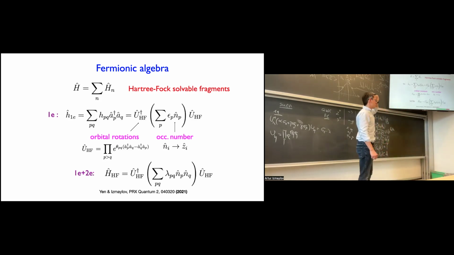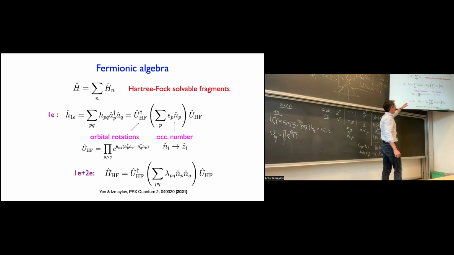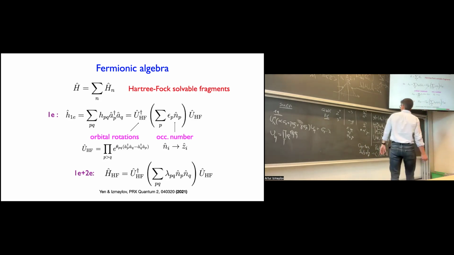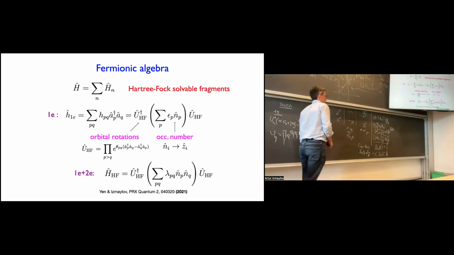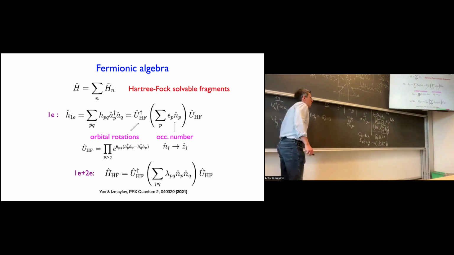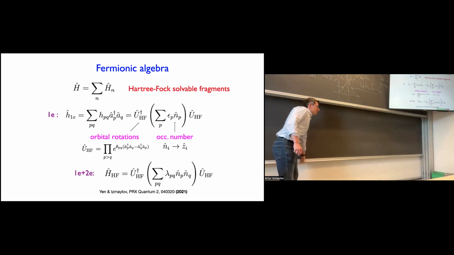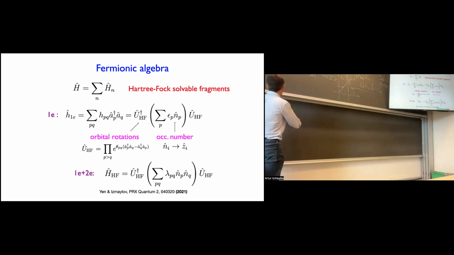The way to generalize it to the two-electron case is to take the linear combination here and substitute it by a quadratic one. Why is this useful? Because when we do this substitution, we are generating the two-electron operator, since the unitary orbital rotations apply to occupation numbers of any kind.